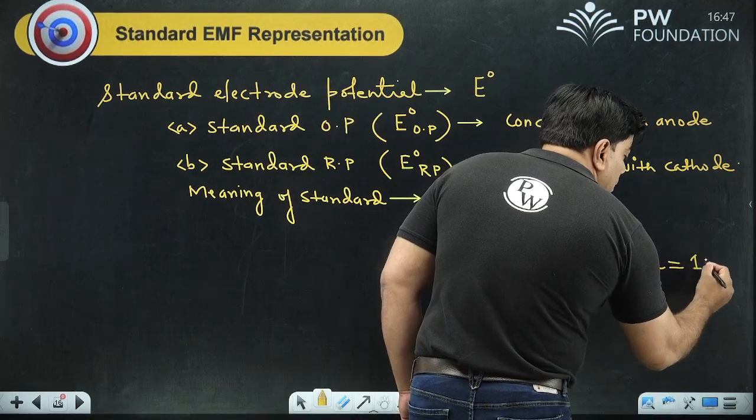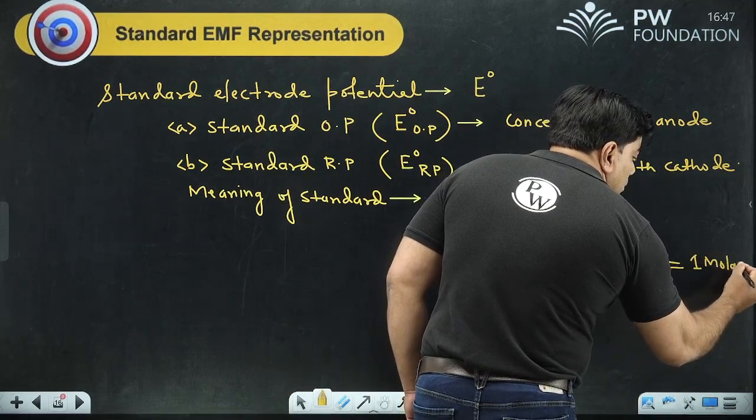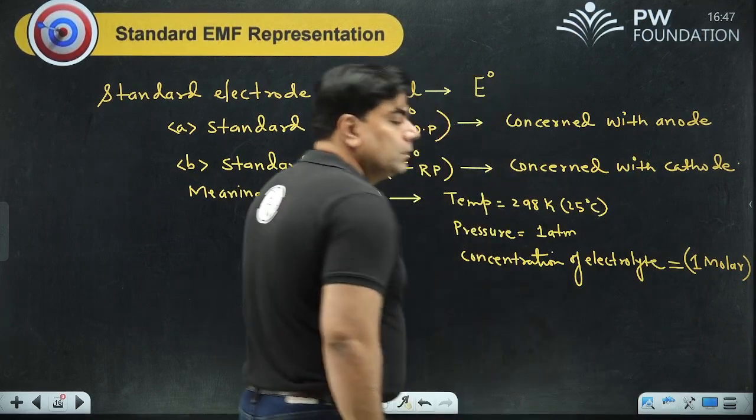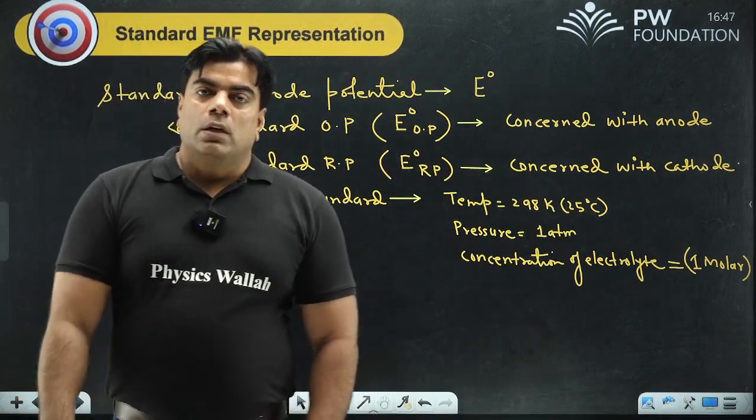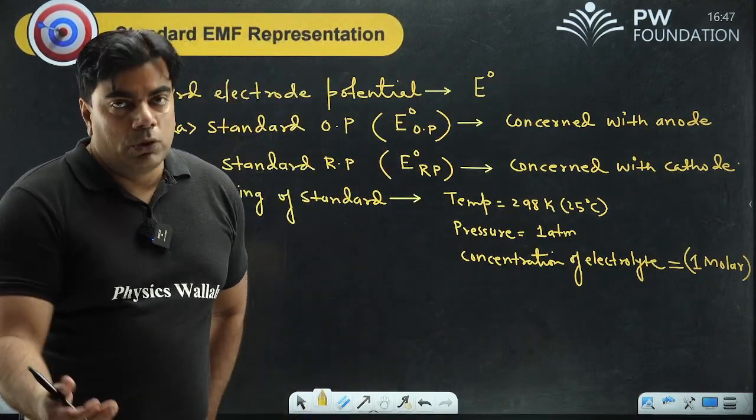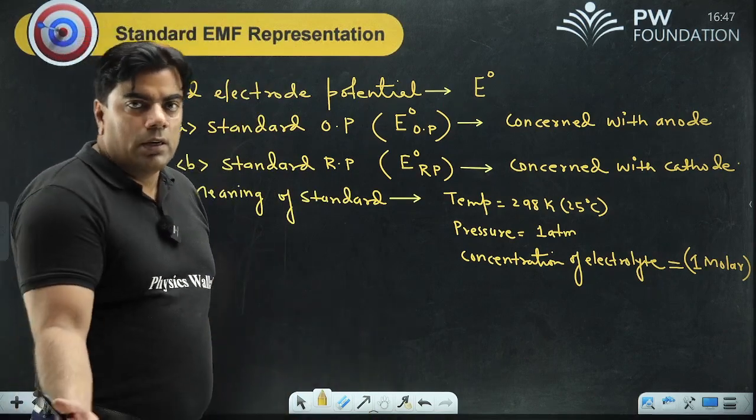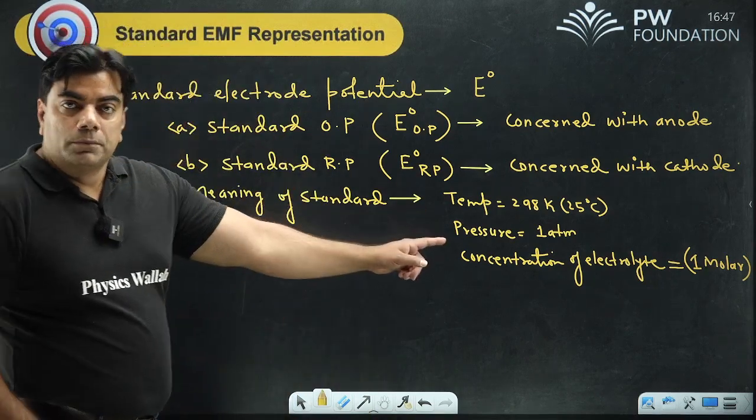It is compulsory for standard. The concentration of electrolyte, for example CuSO4 or AgNO3, any electrolyte, must be 1 molar.